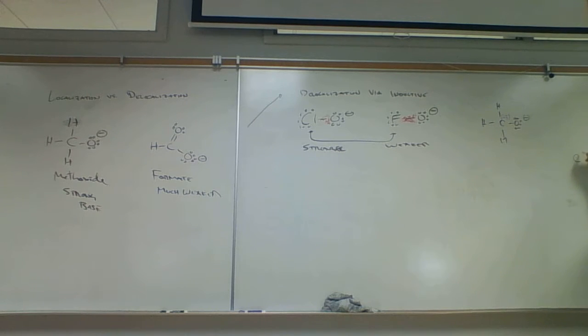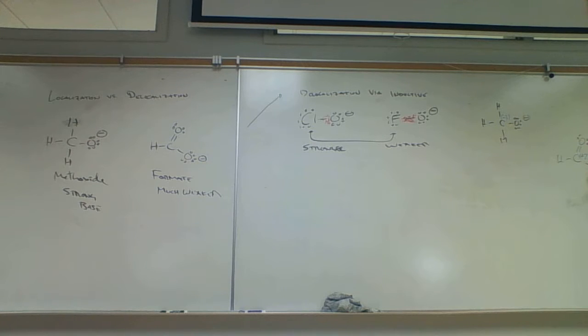However, if I look at formate, this is a different story because this carbon is different. This carbon is plus 2. If this carbon is plus 2, then it would be happy to accept electron density.